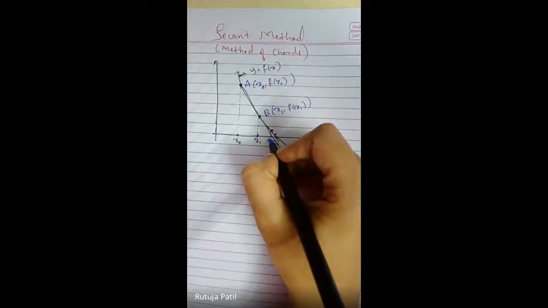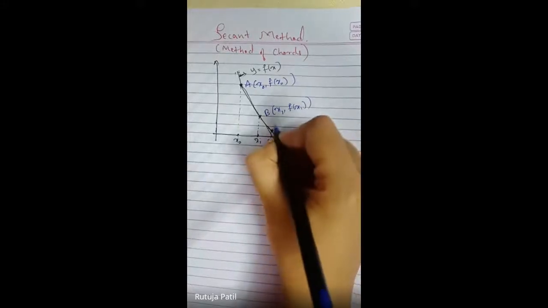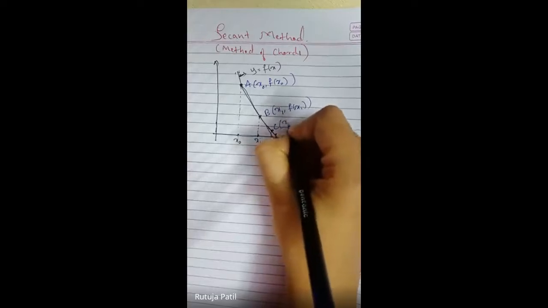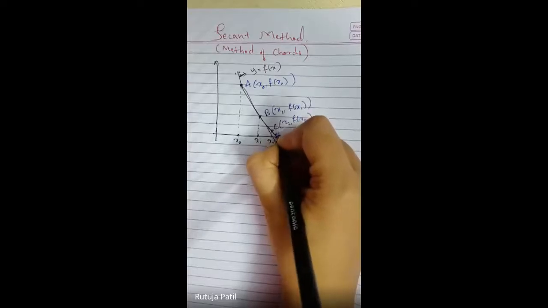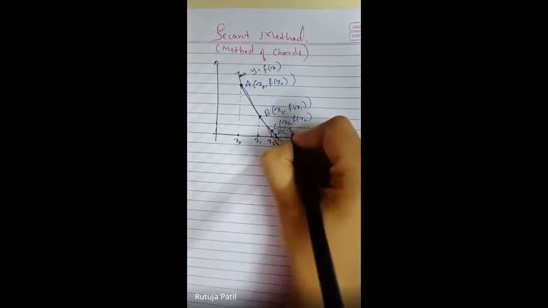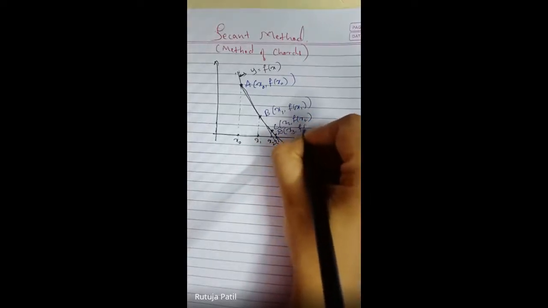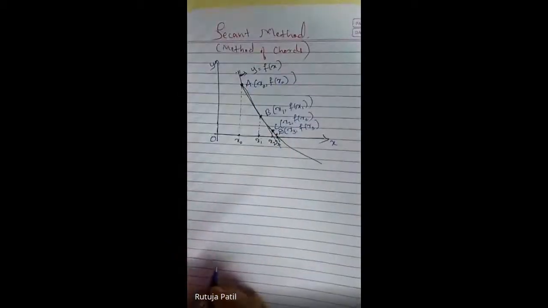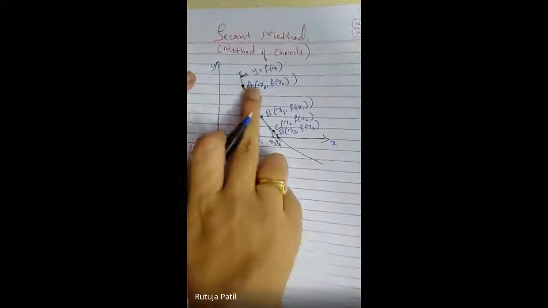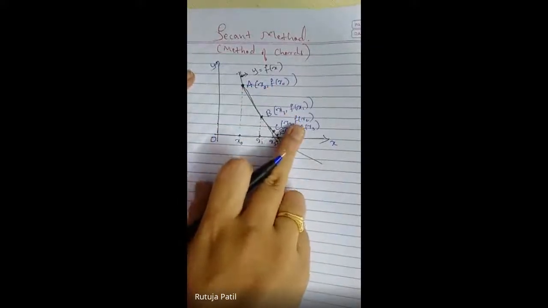At this point the x coordinate is x2 and y is f of x2. At this point, d, the x coordinate is x3 and the y coordinate is f of x3. So this is my 0 and this is x, and this is the y coordinate. So these are the values we get for f of x naught, x1, x2, x3.